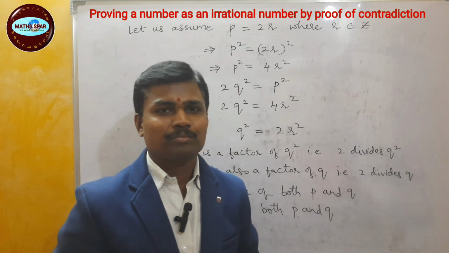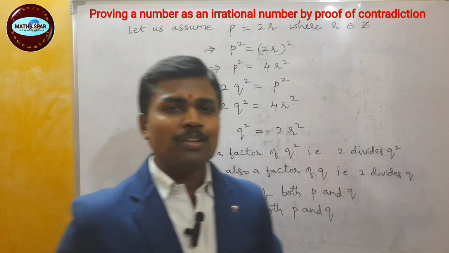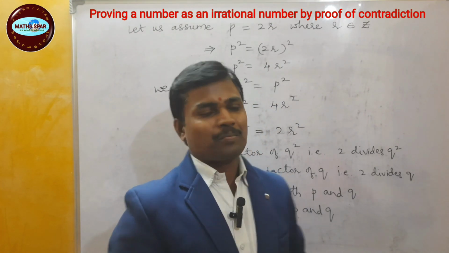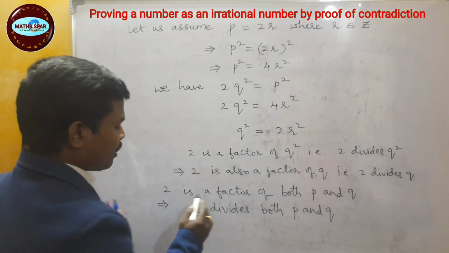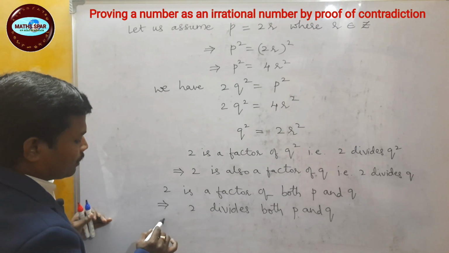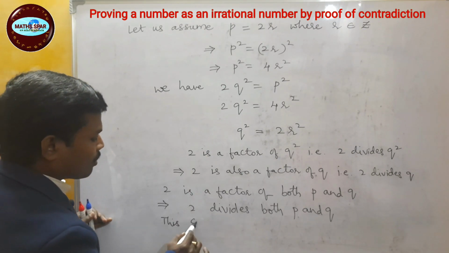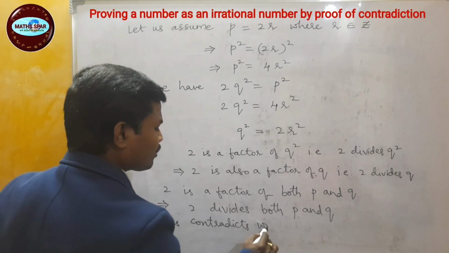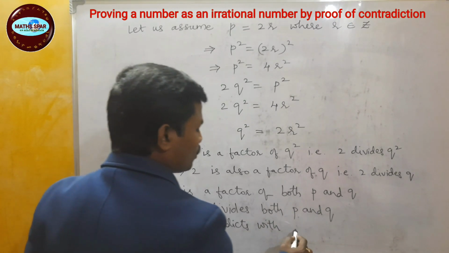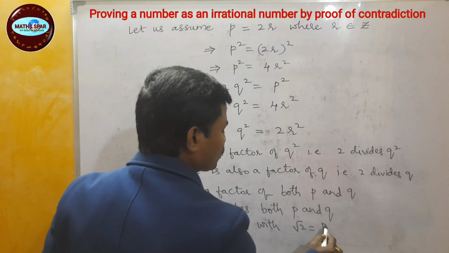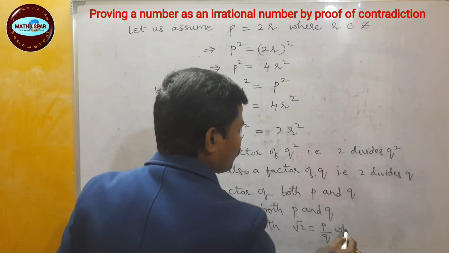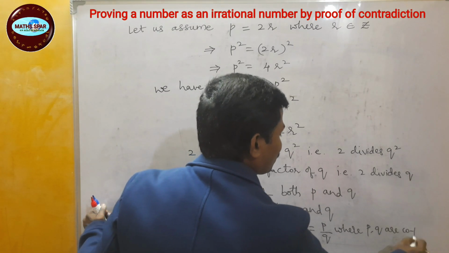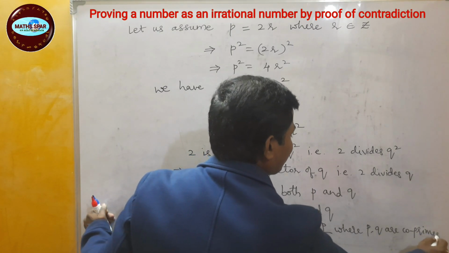But we said that p and q are coprimes. So this contradicts with root 2 is equal to p by q where p, q are coprimes.